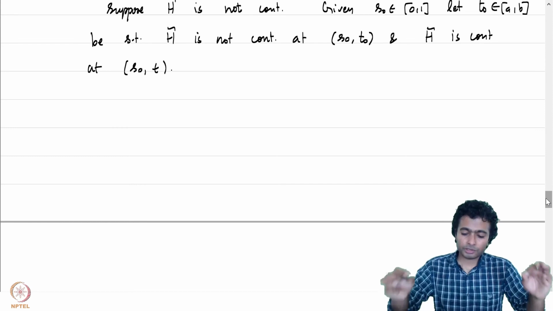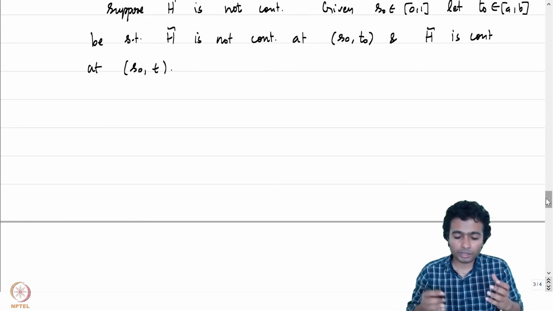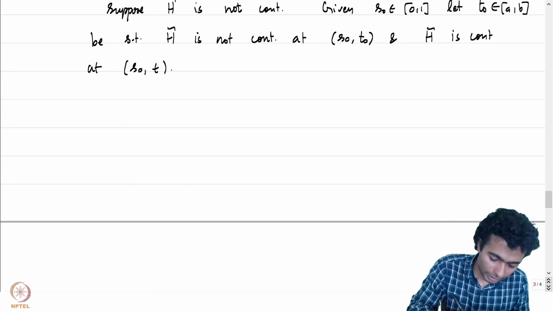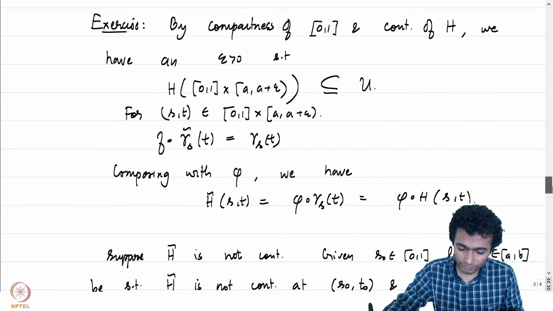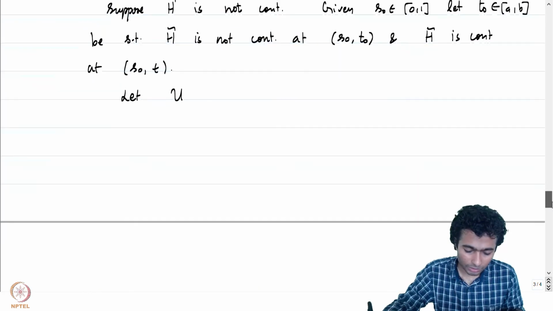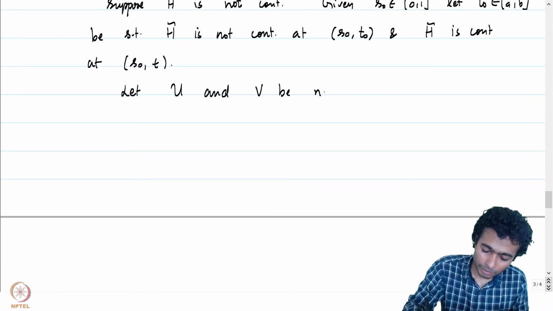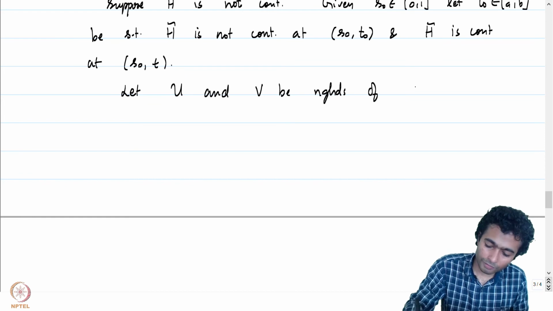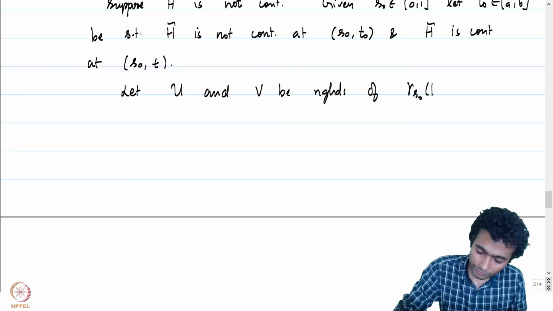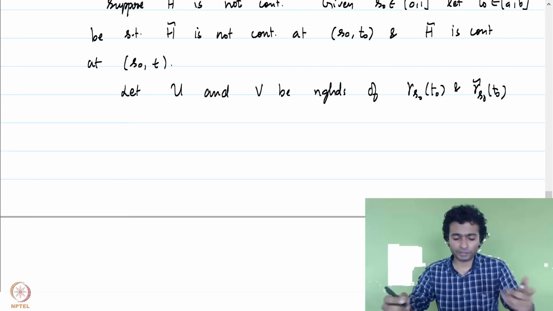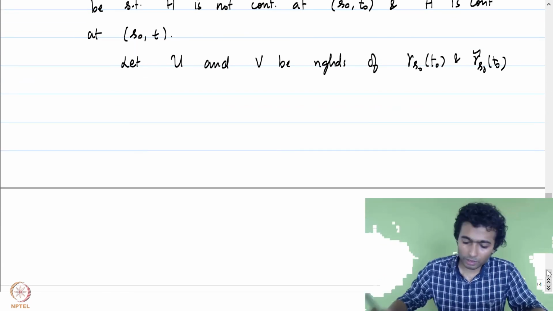The first observation is that if you look at the image of s0 comma t0, let U, maybe I'll just keep using U's and V's. The role here of U and V is done, so this is a new U and new V. Let U and V be neighborhoods of gamma s0 of t0 and gamma tilde s0 of t0, the points where discontinuity has happened.